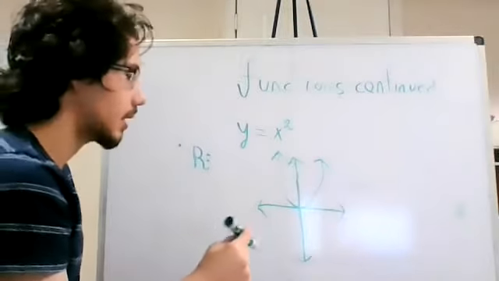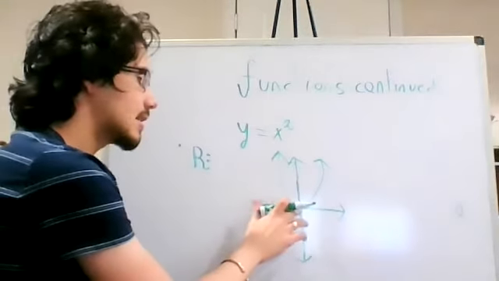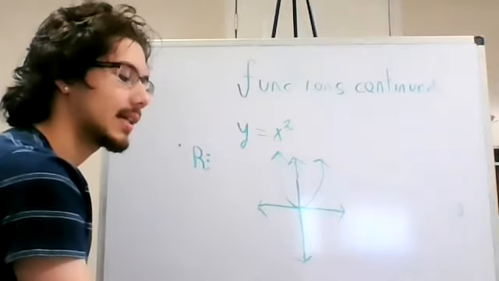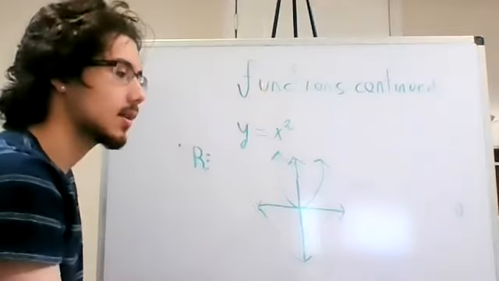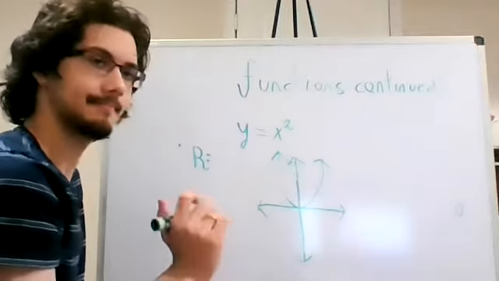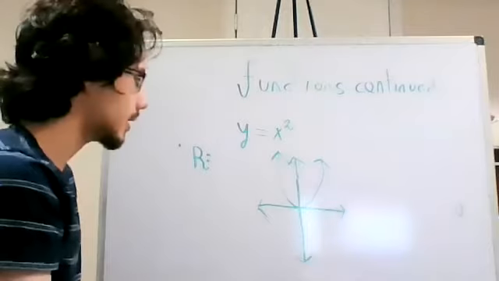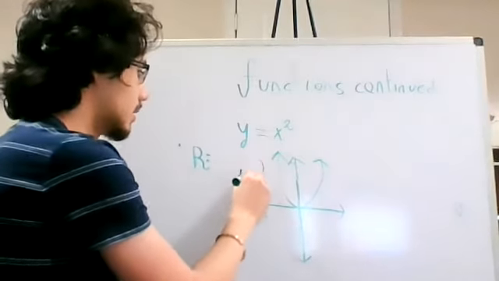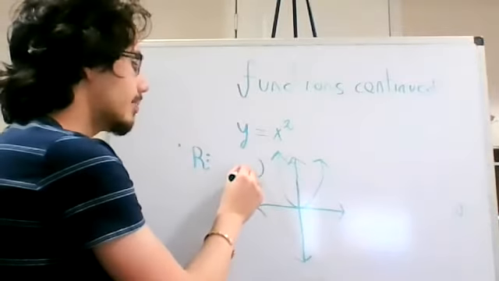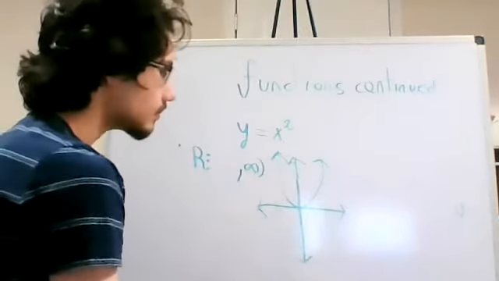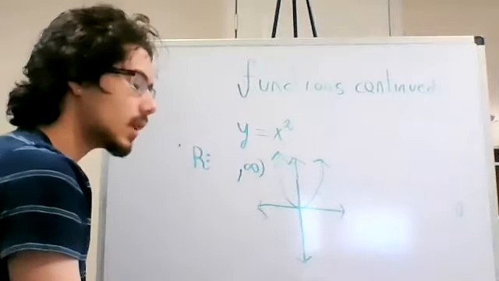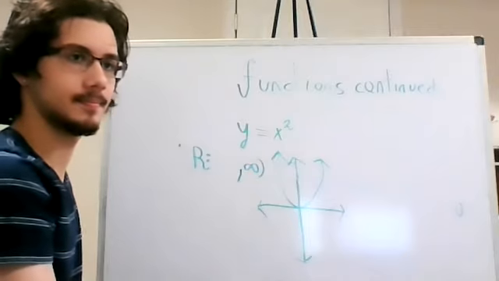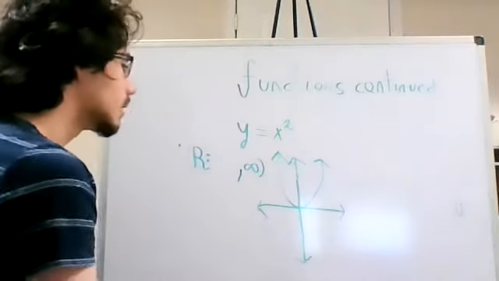Yes, sir. Okay, so if it's at 0 and it goes up forever, does that mean that it will extend forever in the y direction, so it'll touch all positive y values? Yes, sir. Okay, good. So we can say that the upper limit of the range would be towards infinity. Now, what would you say that the lowest y value would be of this function? 0. 0, very good.